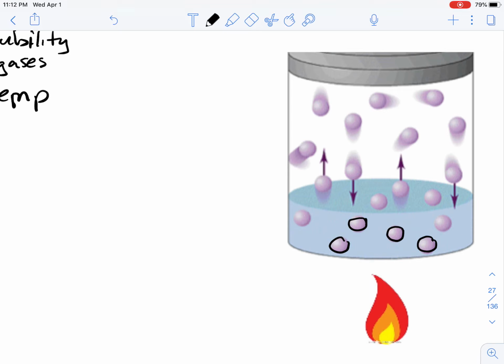When we're adding heat to the system, we're once again transferring kinetic energy to these individual molecules. And if these individual molecules are gases, they now have a high enough kinetic energy to break all the intermolecular forces that are holding them inside the solution so that they can escape and become gaseous in phase.